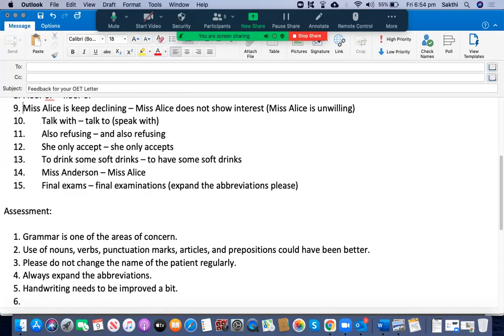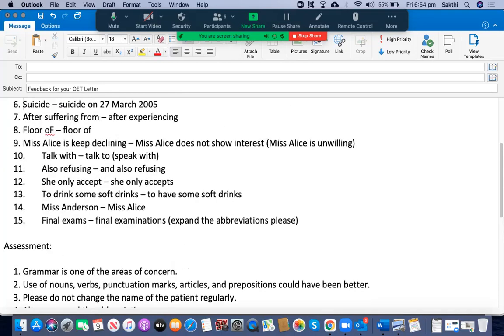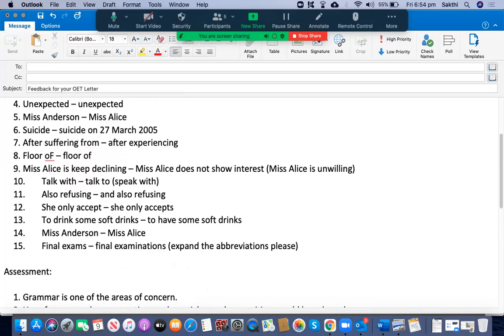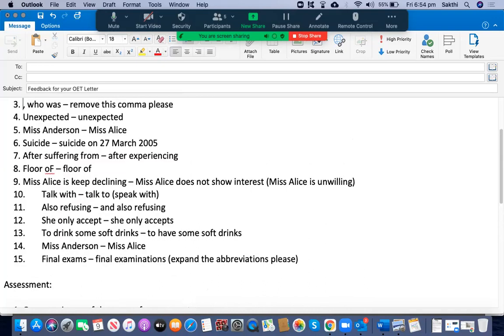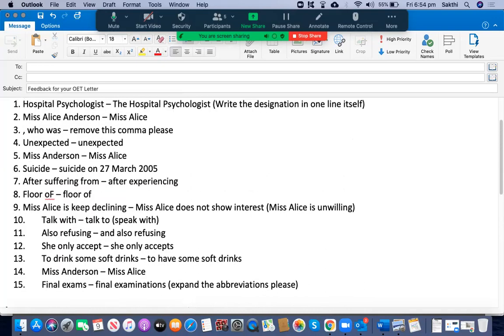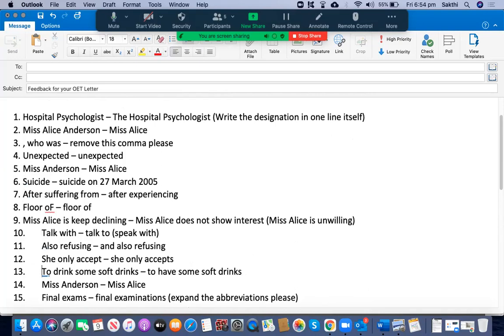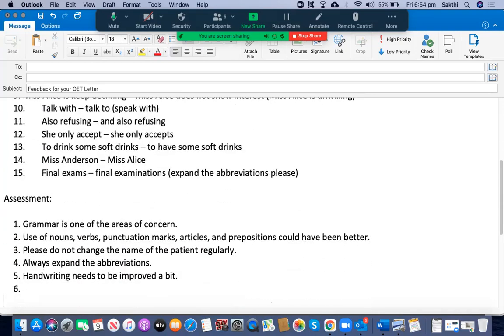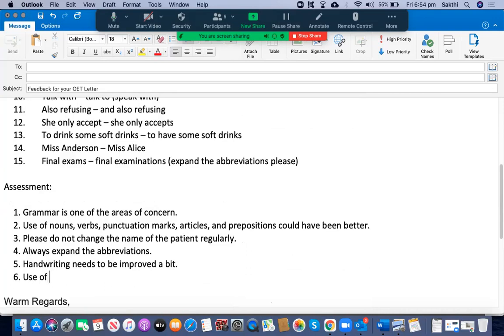When the examiner goes through your letter, he or she will find some problems understanding that. Use of capital and small letters could have been better.